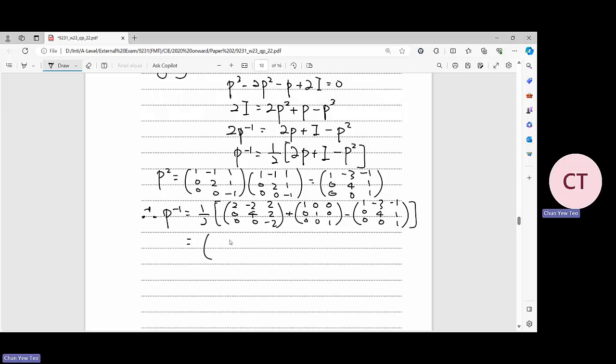So you get 1, half, 3 over 2, 0, 0, 0 over here. Then this one will be a half, this one will be a half as well, and the last one will be -1. So this will be the P inverse. This is how you use the characteristic equation to find the P inverse. That will be the answer for part B.